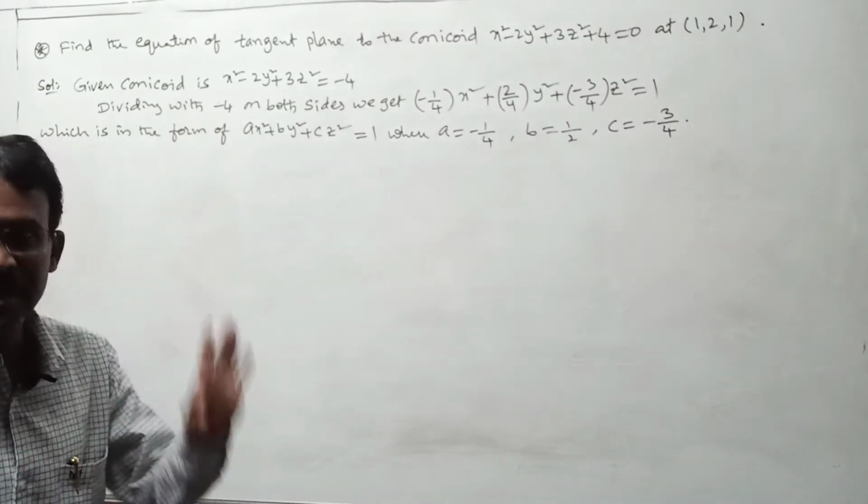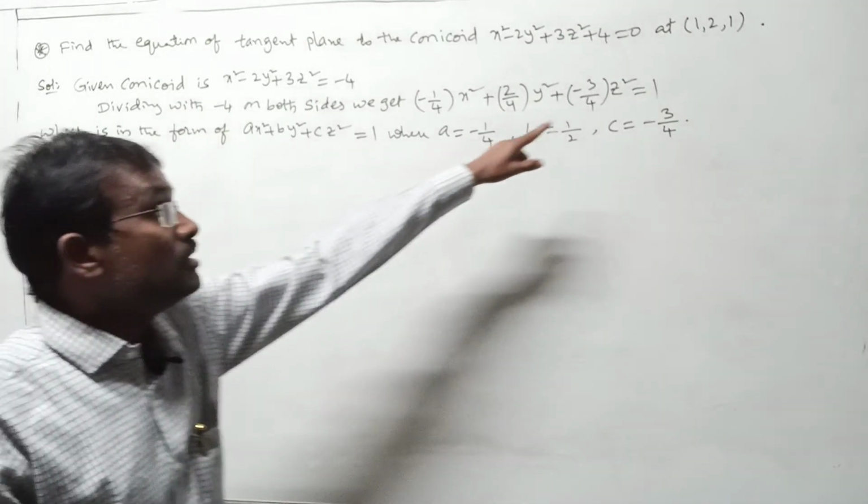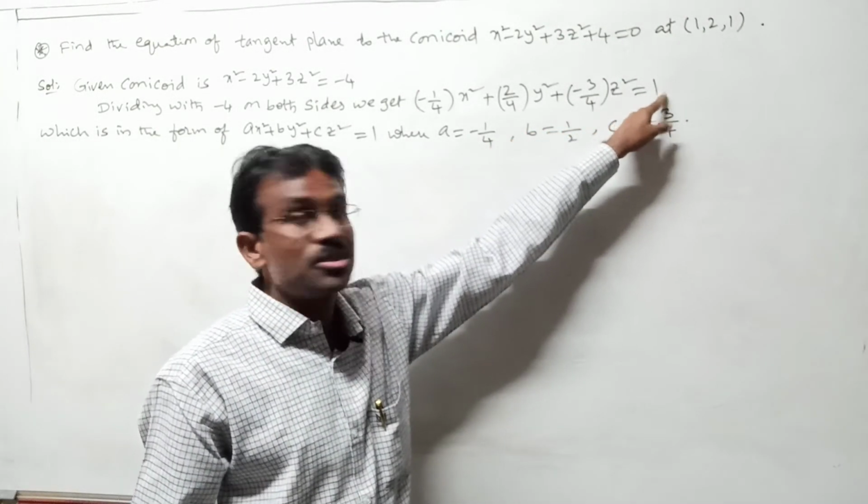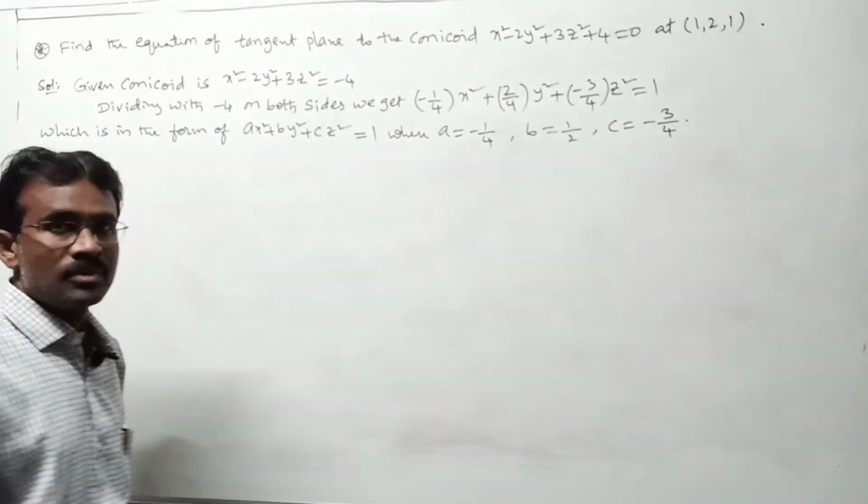Like this, first define the a, b, c values, but only after writing the proper form. Here you must get 1, keep that in mind.